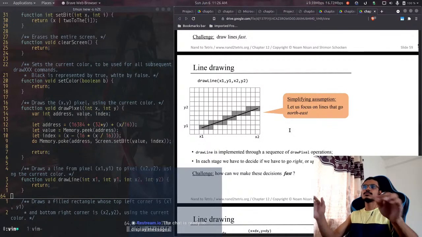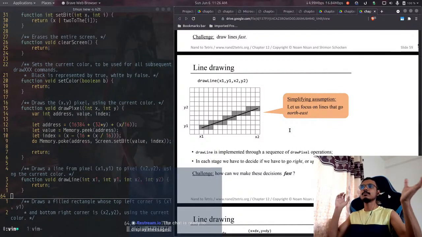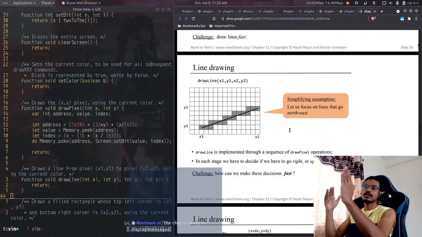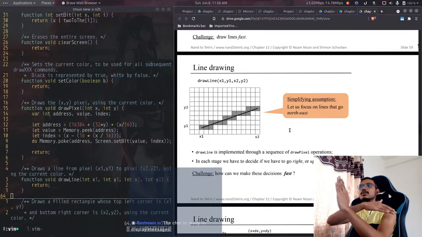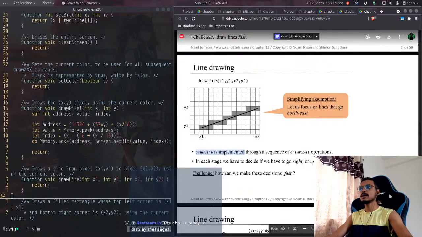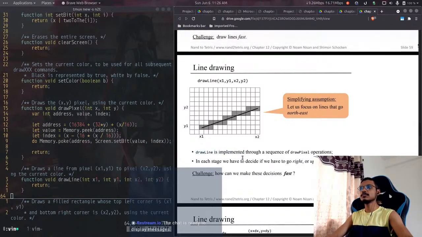So line can go in many different directions, right? It can be either vertical or horizontal, or it can go in this direction, or this, or this, or this. So you need to keep that in mind while creating the algorithm.